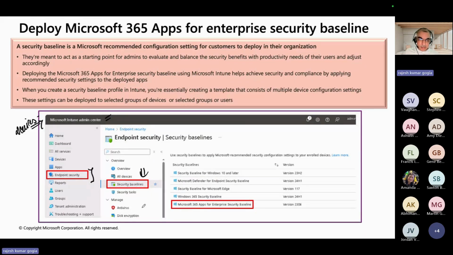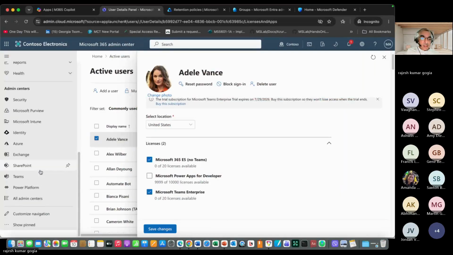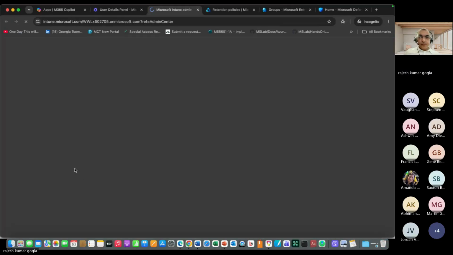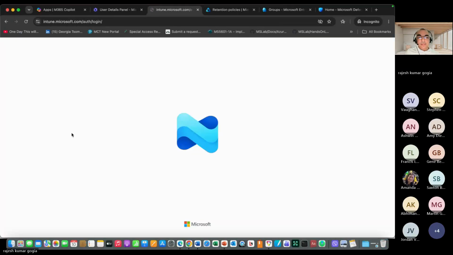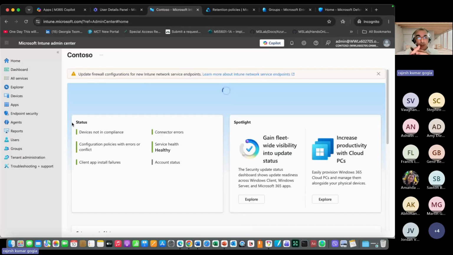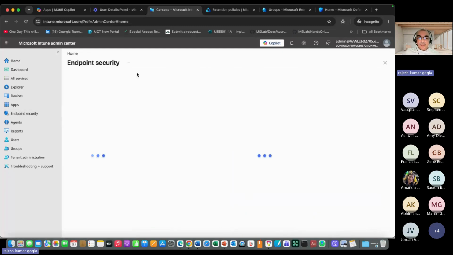So you can restrict and impose the security baselines here itself. Intune. This is the one. So at least now you have got a bigger picture of how an organization can leverage all of these policies and restrictions in terms of security, governance, and compliance.